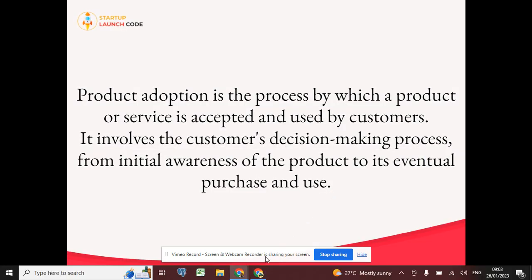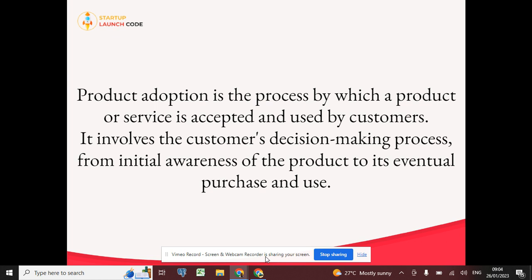So product adoption, as you can see here, is the process by which a product or service is accepted and used by customers. So when you talk about product adoption, you have this amazing product or service, and people are ready to accept and use your product. That is when you can say, okay, people have actually accepted your product.